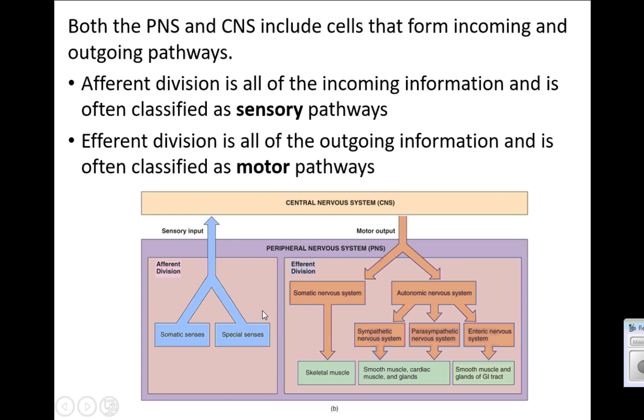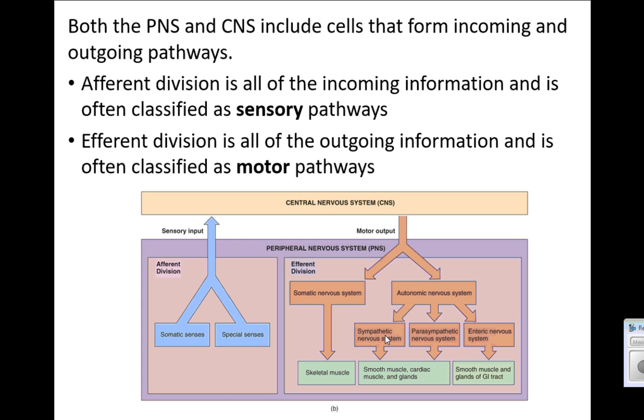We will talk all about the motor, efferent, outgoing information in the third lecture of this unit, which will compare somatic and autonomic in greater detail. Somatic, which we said is voluntary control of skeletal muscle. Autonomic, which is automatic or involuntary control.